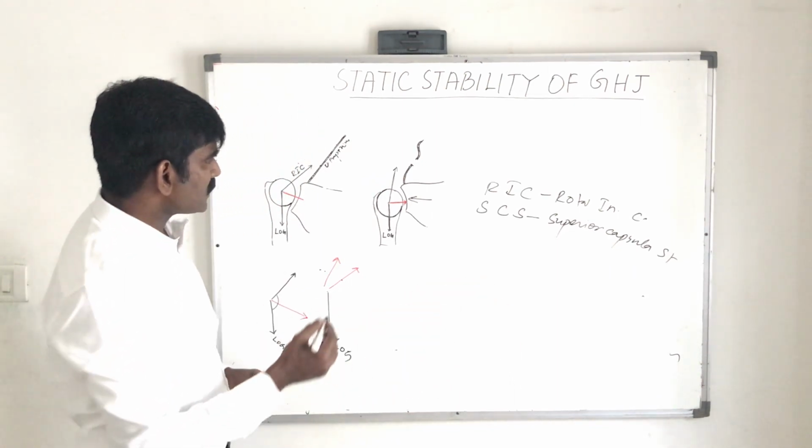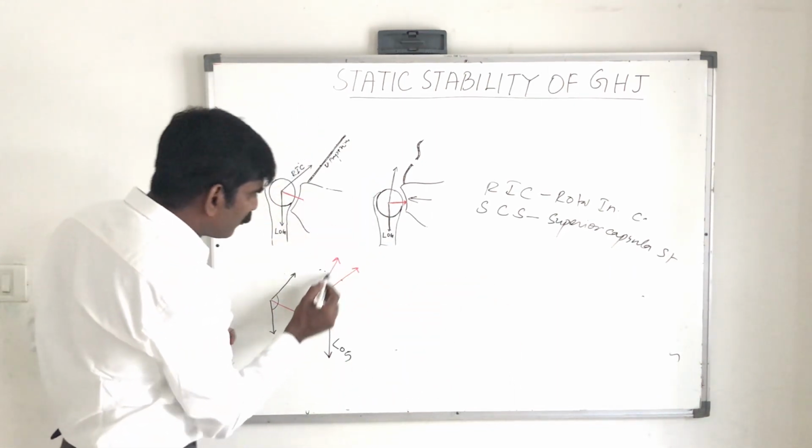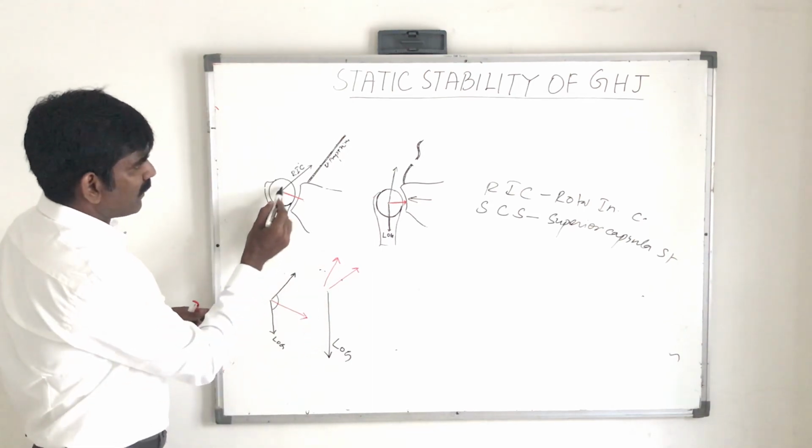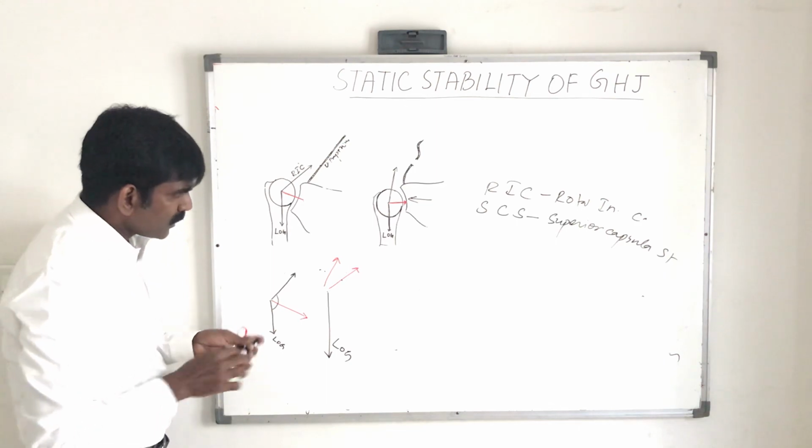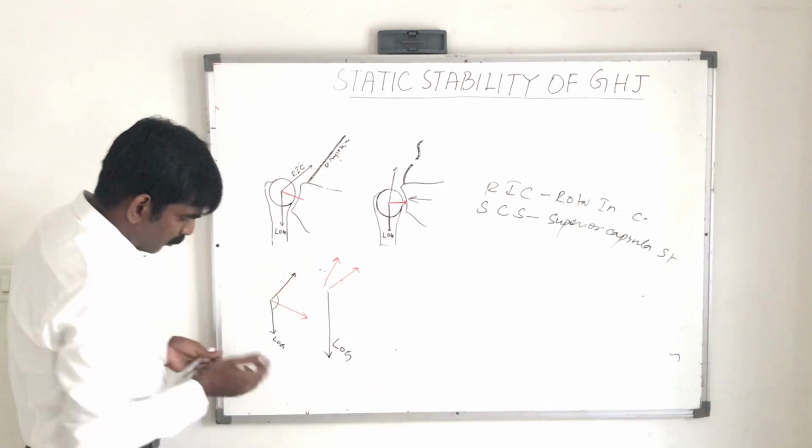Now what happens? Previously two forces were opposing. One force is RIC and the other force is the stabilizers. Two forces are acting in optimal posture.